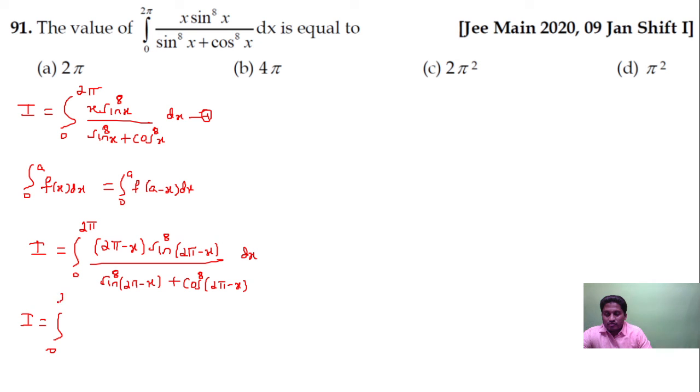So you get integral 0 to 2 pi of 2 pi minus x into sine to the power of 8 upon sine to the power of 8 plus cos to the power of 8.